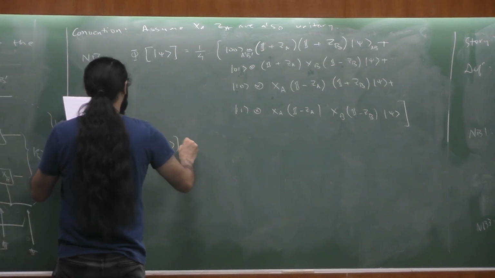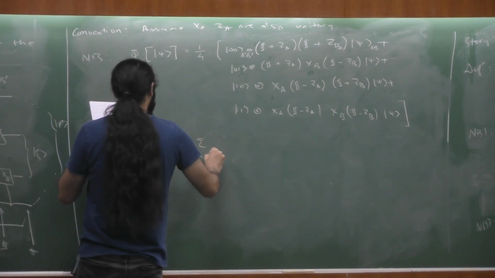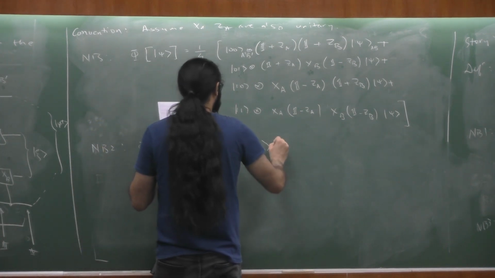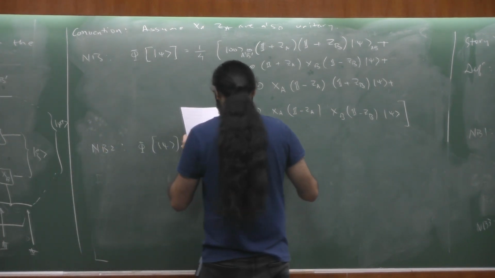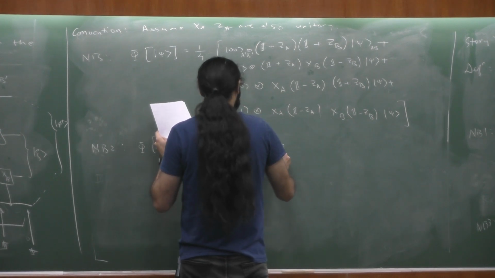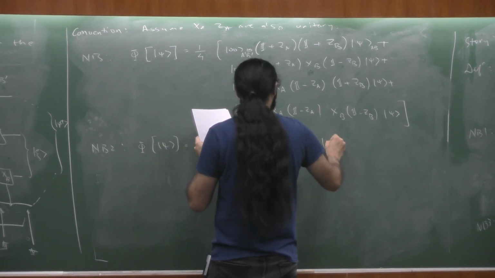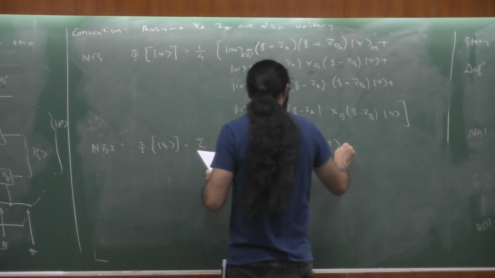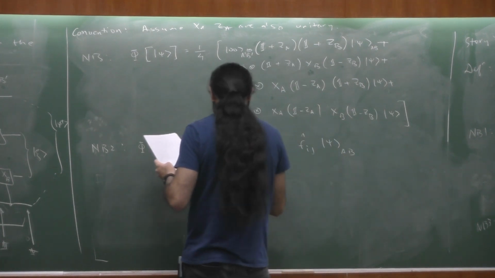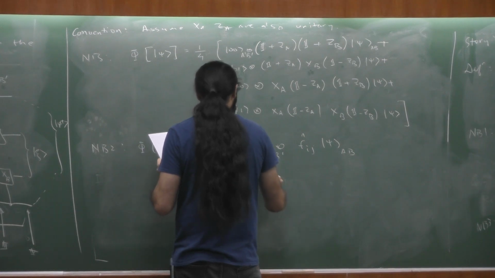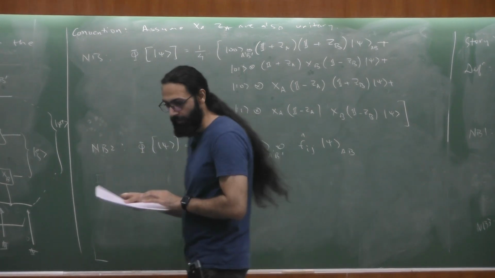Once you write it like that, you can write it as sum over ij of 0 1 ij, tensor, on A prime B prime, F hat ij psi AB, where F hat ij is defined as follows.